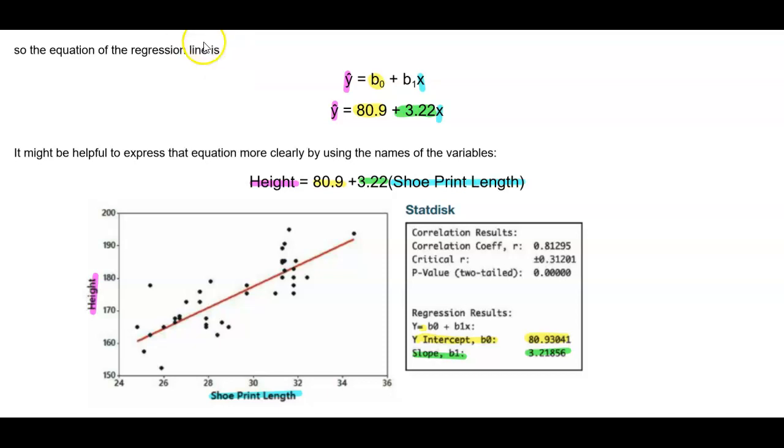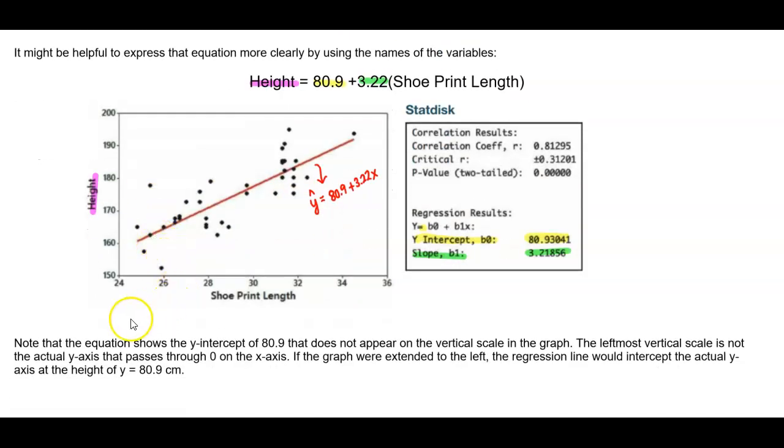Now, if we wanted to take a look at that line, and by the line I mean the line of best fit, which is the regression line, we can label this as y hat equals 80.9, which is the y-intercept, plus 3.22x. Note that the equation shows the y-intercept of 80.9.